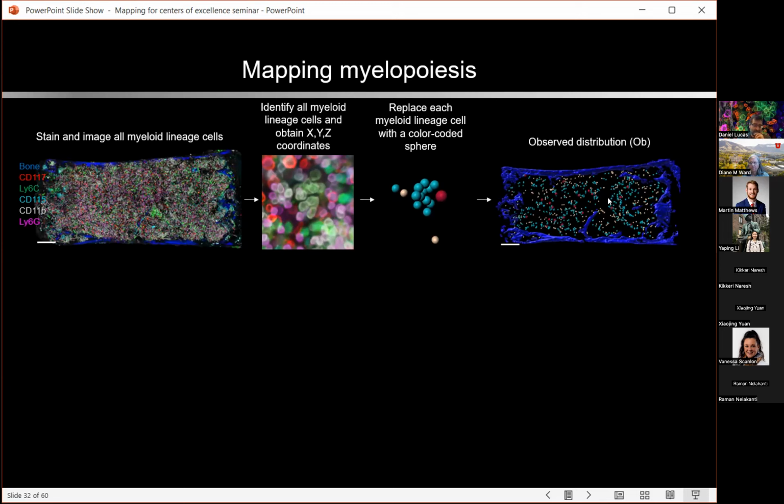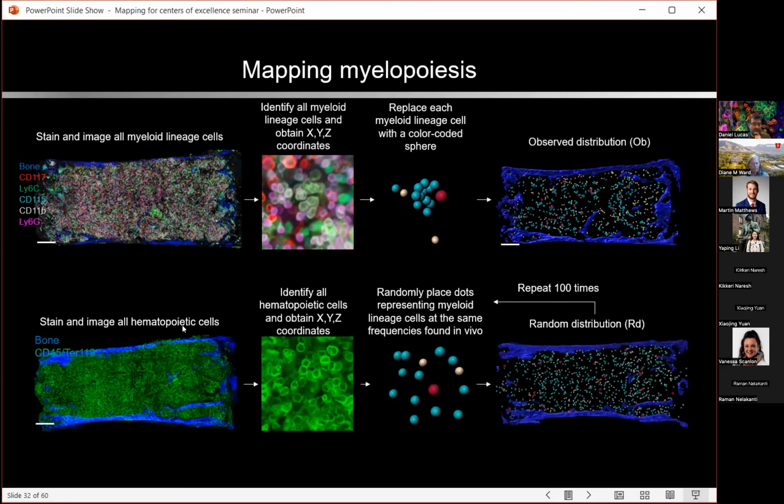So to avoid this problem and do this in a more rigorous way, what we did is that we stain and image all the hematopoietic cells in the marrow using classical markers like CD45 and TER119 and get the coordinates of these cells. And now, because we have the coordinates of every cell in the slices of the bone marrow, we can randomly place dots representing each type of myeloid cell that we are interested in at the same frequencies found in the marrow, and we generate a map of the random distribution.